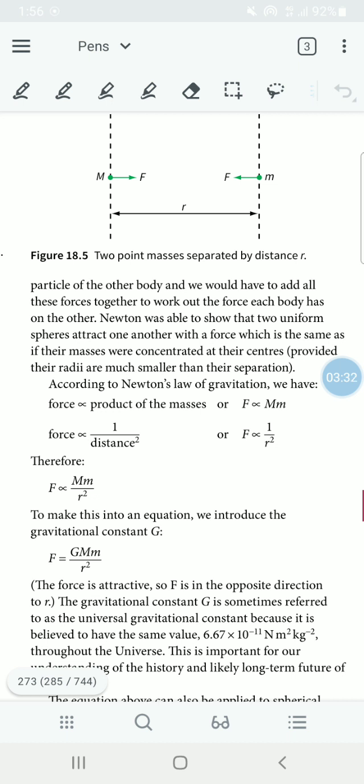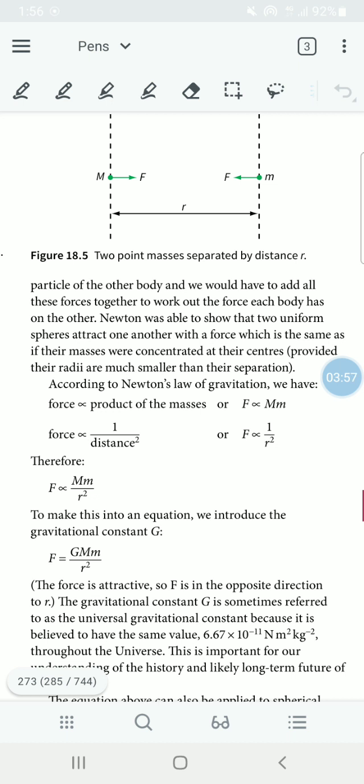So there are some conditions to this. The radii of these objects should be less than their separation. If it is not, there are some other factors that come into play. But that is not part of your examination. So better leave it for your university studies.